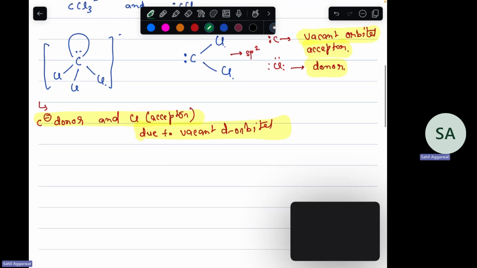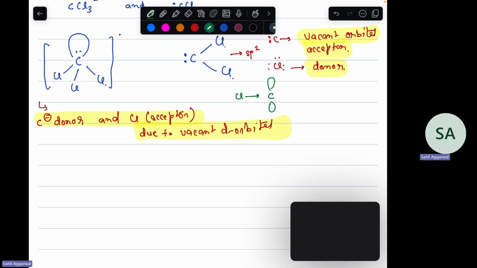So in case of CCl2, the electron movement will be from Cl lone pair to carbon vacant orbital, while in the first case, it is C negative to vacant d orbital of chlorine.